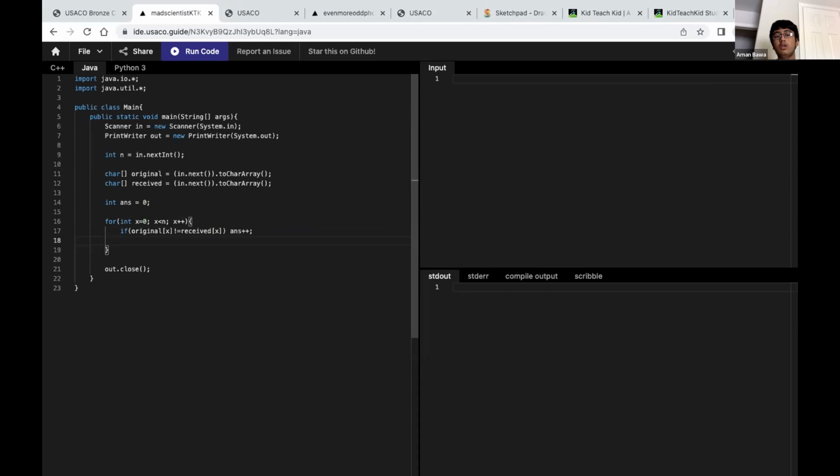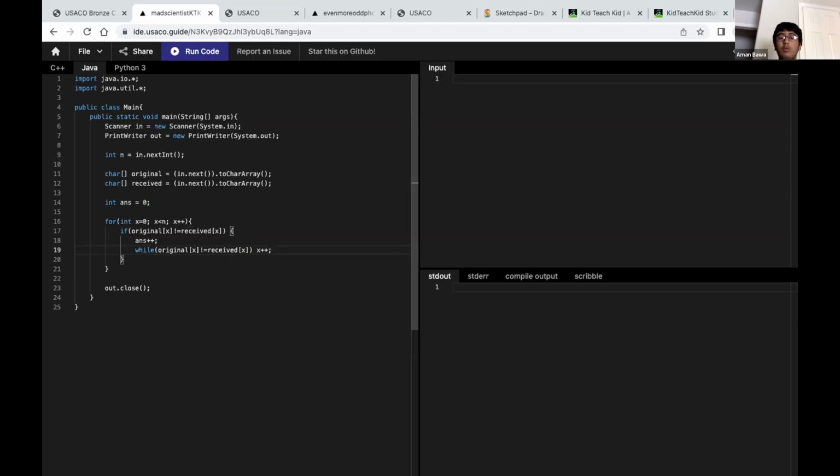But we're also going to go as far as we can while doing this. So in order to go as far as we can, we're going to use the while loop because that'll allow us to go as far as we can while checking for a condition. So first of all, I do want to update my answer, but also while original of x is not equal to received of x, we're going to keep going. So x plus plus. This continues going in our array.